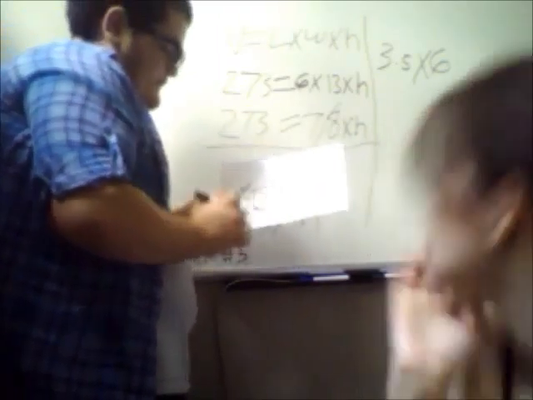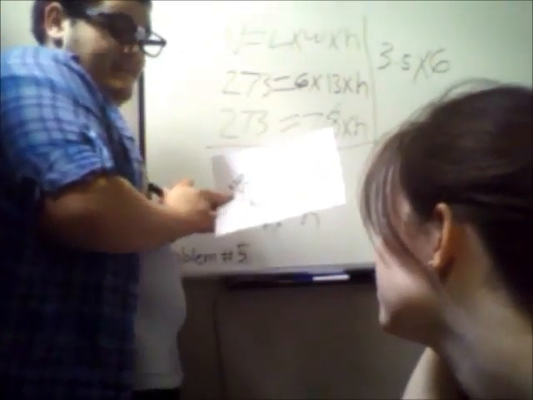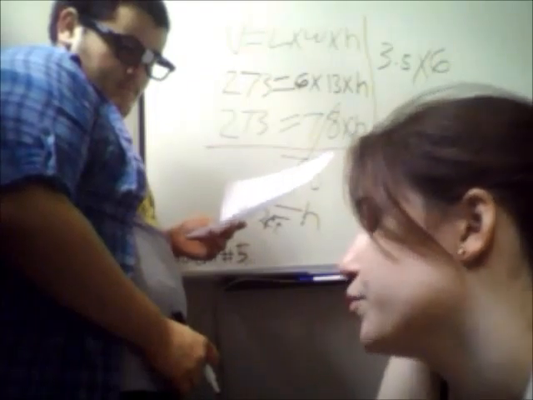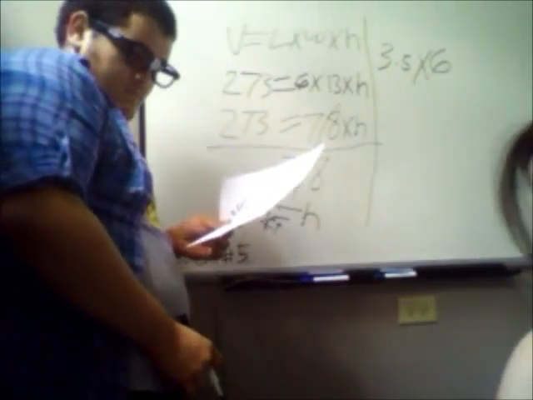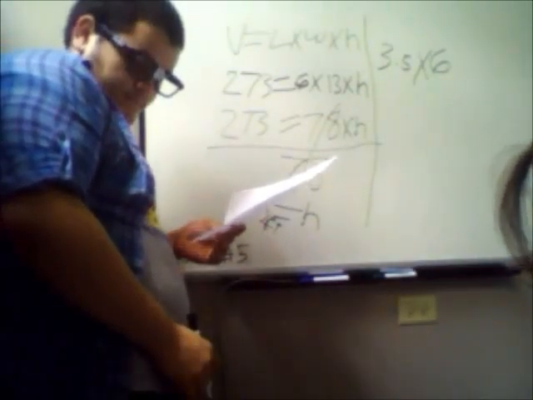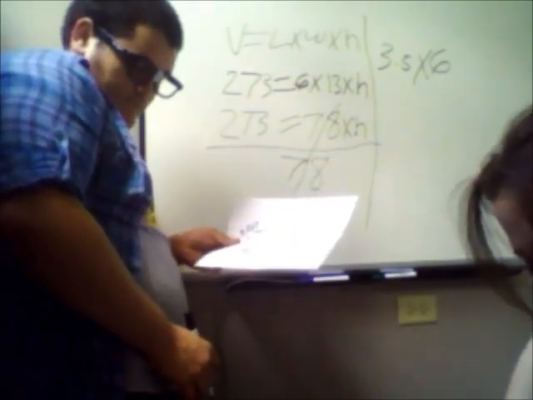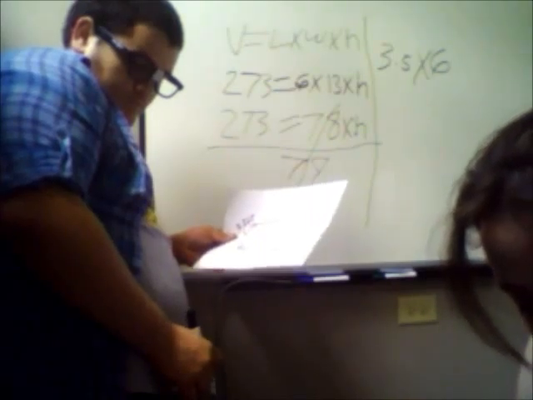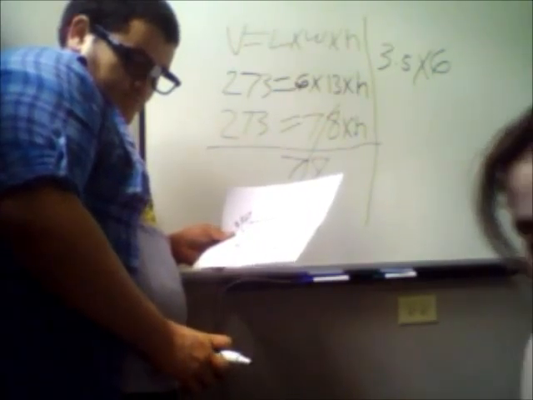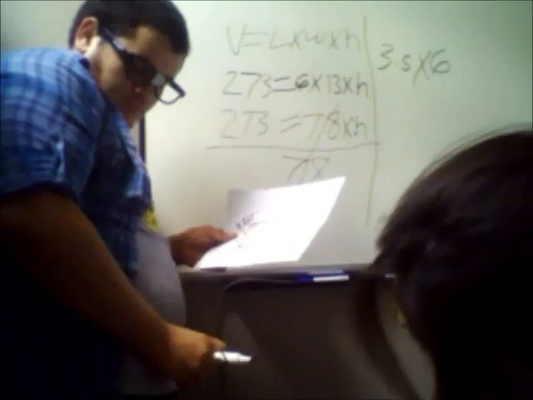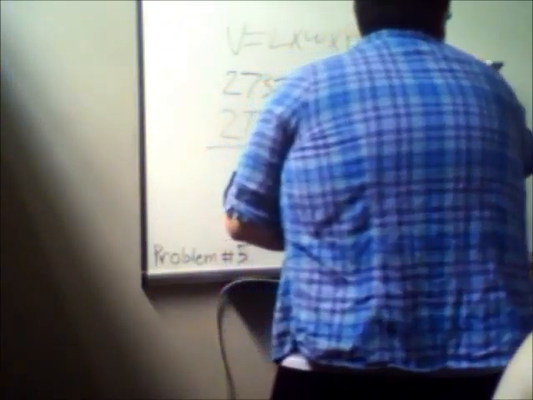So now, what's 3.5 times 6? Let me type it in. 3.5 times 6 equals 21, teacher.